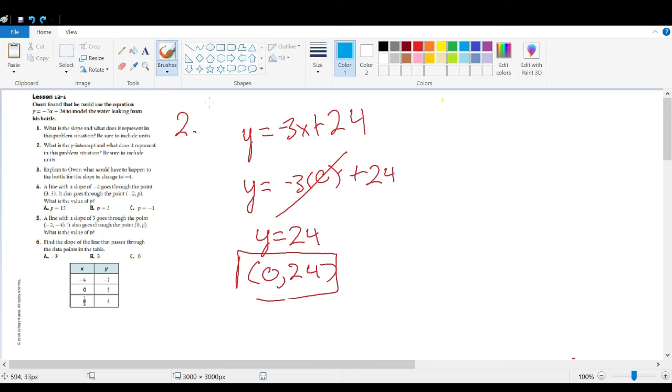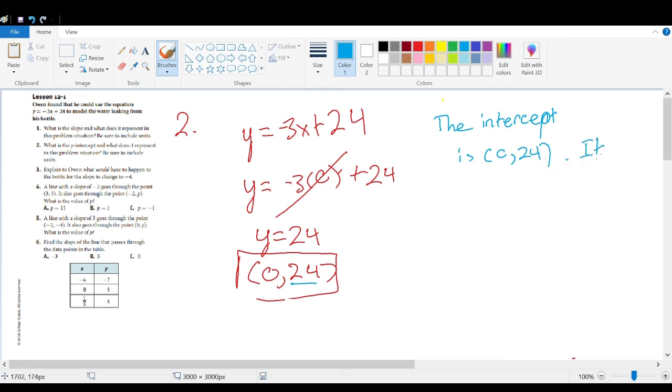In this case, since we're doing a real life application, it makes more sense to use only the y-coordinate here. But I'll just write: the intercept is 0, 24.